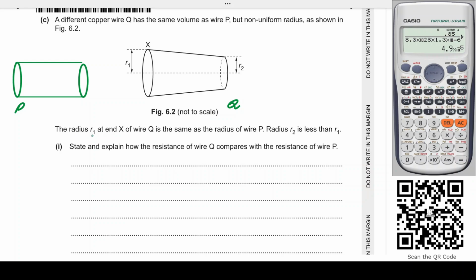The radius R1 at the end of the wire Q is the same as the radius of the wire P. So the radius of the wire P was also R1, but for the wire Q, the radius at the end X is R1, but on the other side the radius is smaller. So here, explain how the resistance of the wire Q compares with the resistance of the wire P.